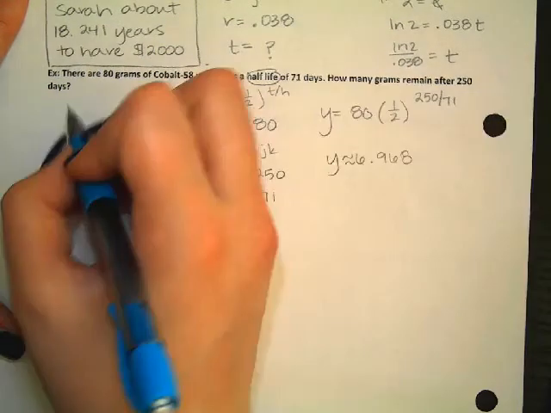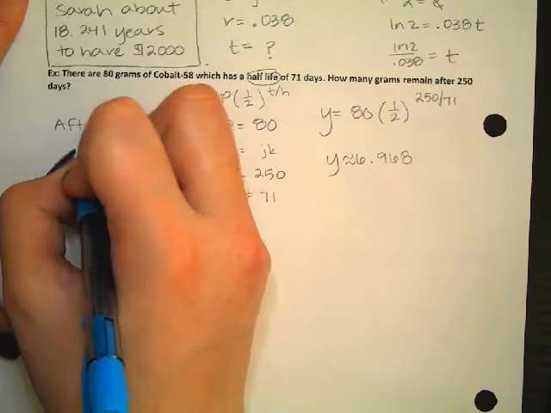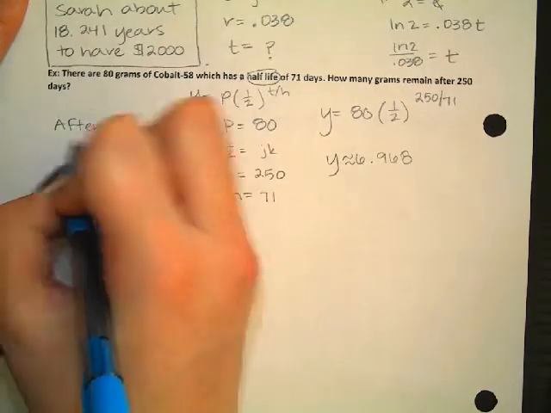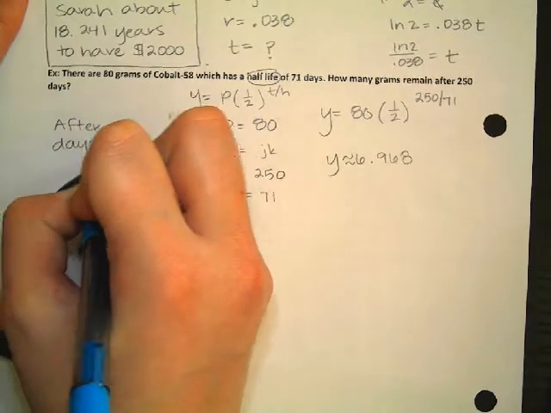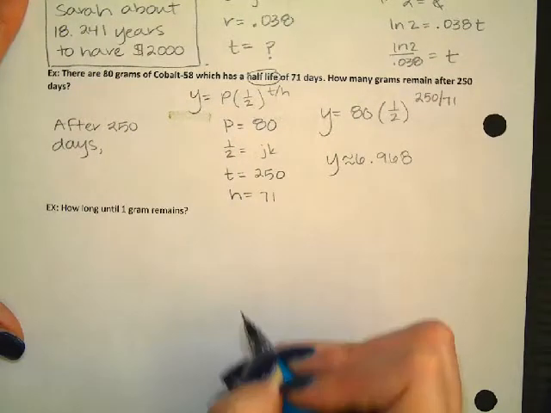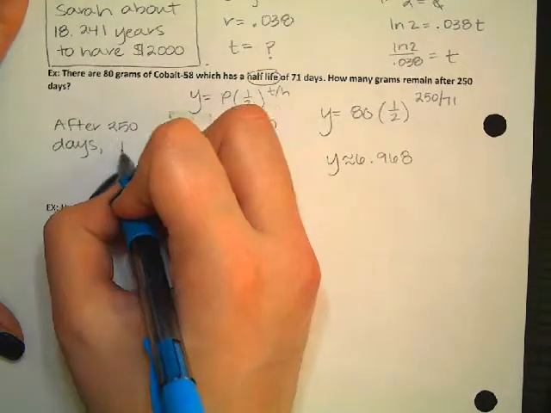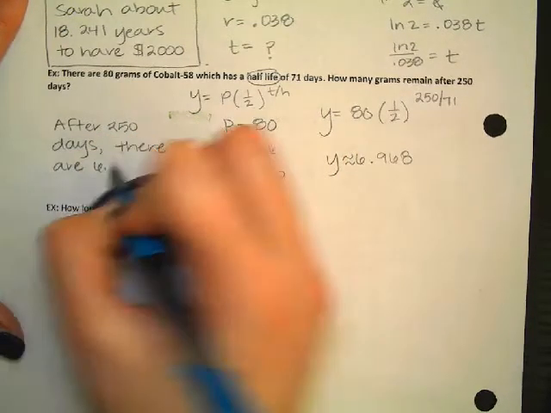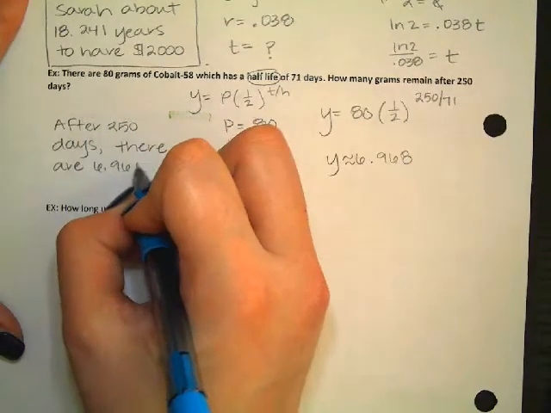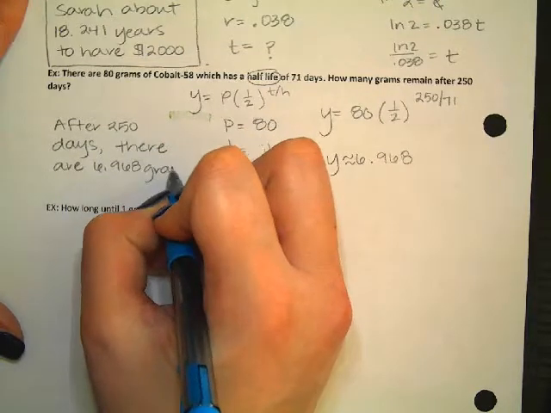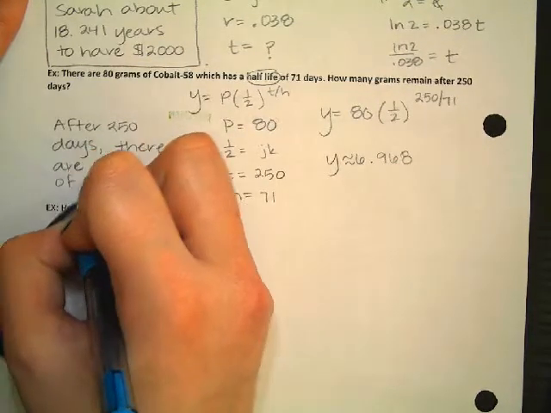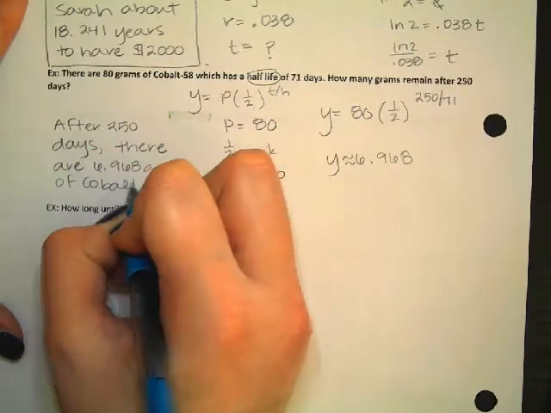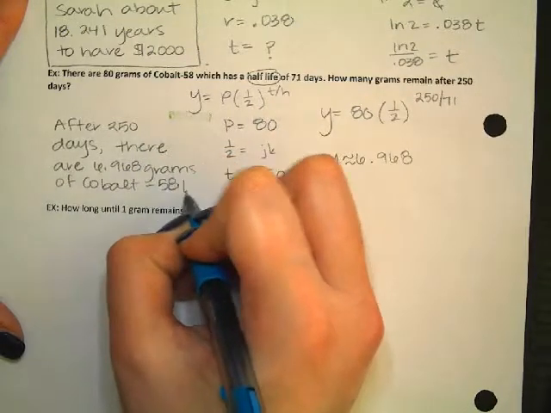After 250 days, there is 6.968 grams of cobalt-58 left.